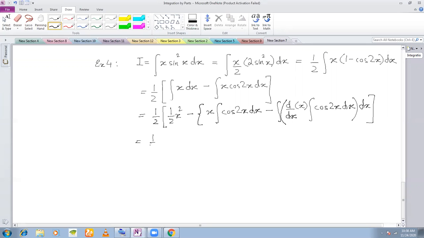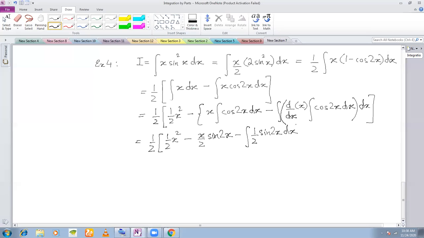So this is half x square minus, now integral cos 2x is sine 2x by 2. So this is x by 2 sine 2x minus integral of derivative of x, which is 1, into integral of cos 2x, which is half sine 2x dx.